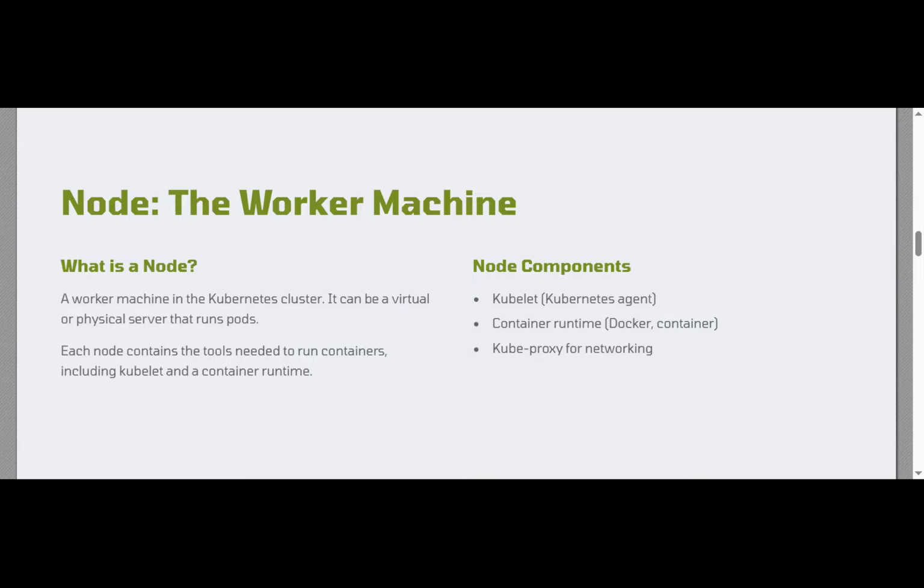Next, kube proxy. Kube proxy is mainly for the network. If you see the containers inside the pod, will they communicate with each other? If there are two pods in a single node, and in each pod there is one container, then there will be a chance.